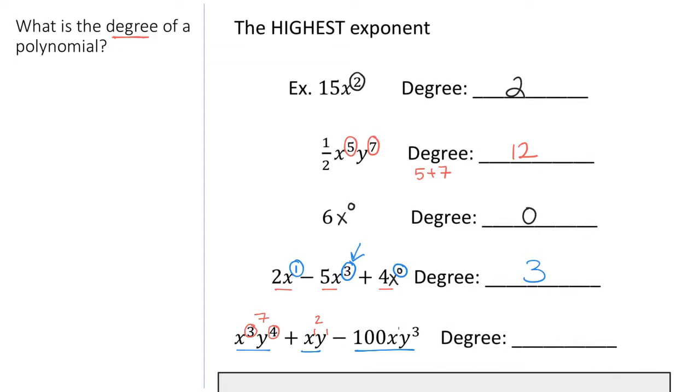Third one, we have a 1 and a 3, so we add those together and get 4. So they each have their own degree sum, but what we do to say the degree of the whole polynomial is we pick out the highest of those 3. So the highest is 7, so this is a degree 7 polynomial.